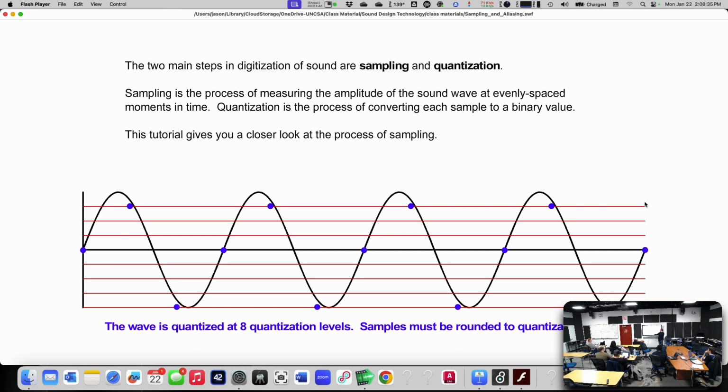And if the actual voltage falls in between one of those 256 values that you're able to use, then what's it going to do? The computer can't count that value. So it's going to just use whatever the nearest value is.